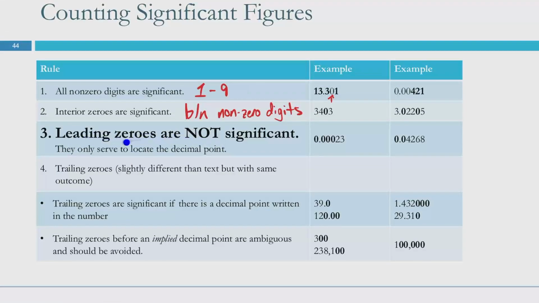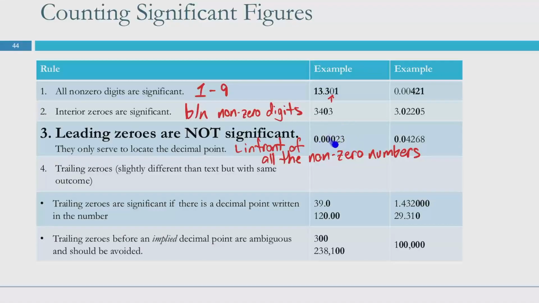Leading zeros are not significant. They're never significant. So the ones that are in front of all the non-zero digits or numbers. A common point of confusion, saying that they're not significant is not the same as saying that we don't need them. We do still need them because these zeros let us know where our ones place and our other place values are.